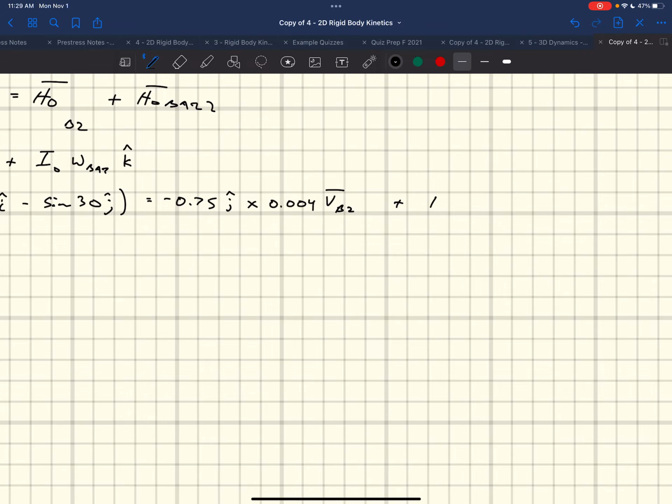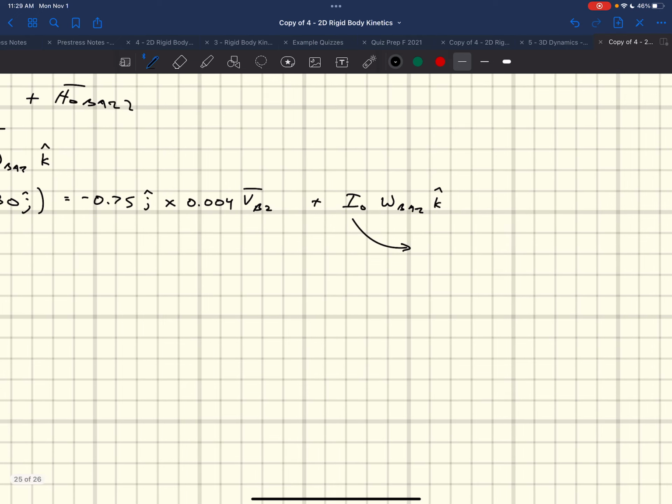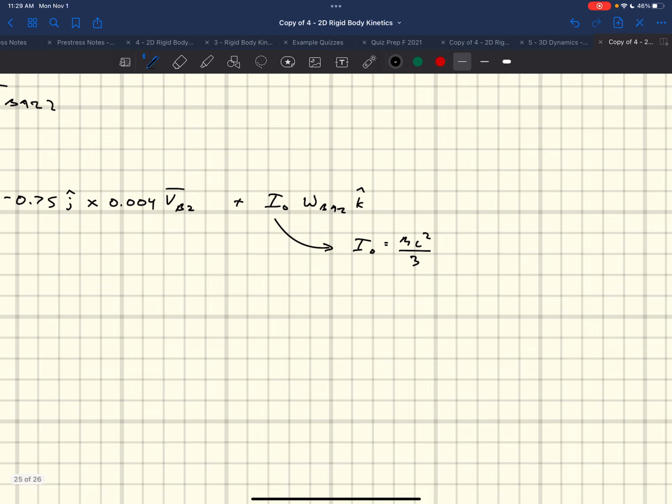Plus IO times omega bar in the K direction. This IO we haven't calculated yet. This will be ML squared all over 3, just figuring out I about the fixed point. This ends up being equal to 5/3.